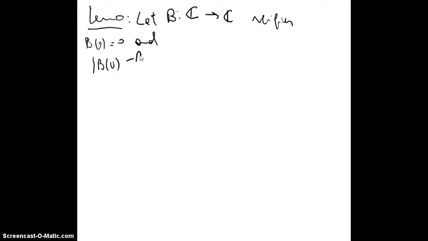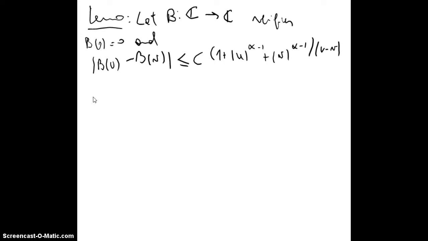Okay, so let b be a function that goes from the complex numbers to the complex numbers that verifies that b(0) is equal to 0, and that |b(u) - b(v)| is less than or equal to C(1 + |u|^{α-1} + |v|^{α-1}) multiplied by the absolute value of u minus v, with α greater than 1.